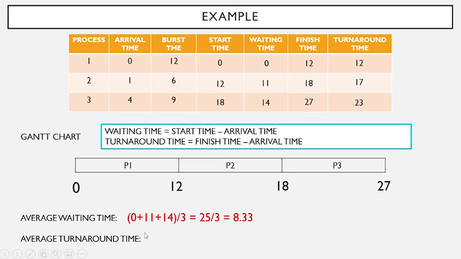The same, divided by 3. So 12 plus 17 plus 23 divided by 3 equals 52 divided by 3, which equals 17.33.